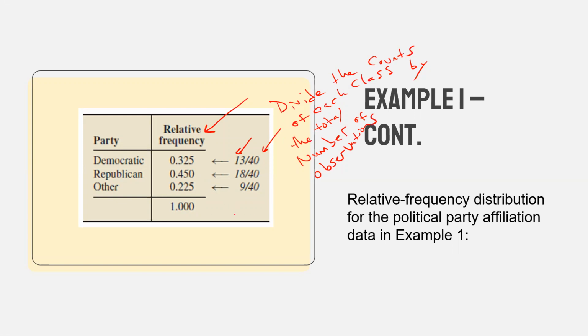And the important thing, this is really important, is that if you round values, they have to sum to 1, as that represents 100%.